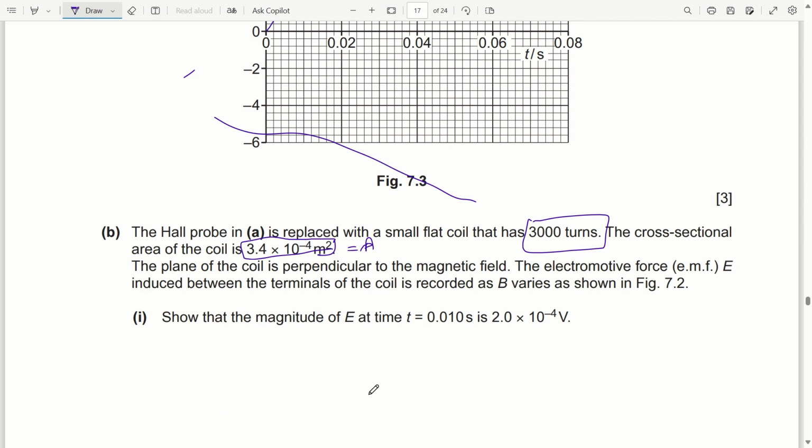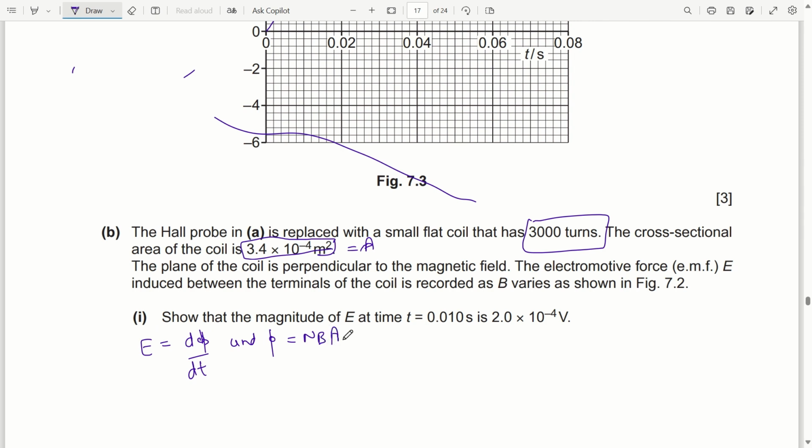Show that the magnitude of E at time t equal to 0.010 second is 2 into 10 raised to power minus 4. Now we know that EMF is given as d phi by dt, where phi is the magnetic flux, and phi is equal to NBA.